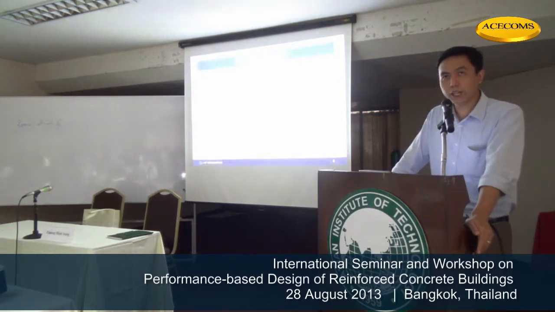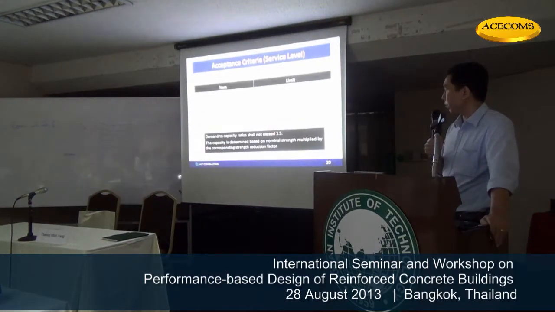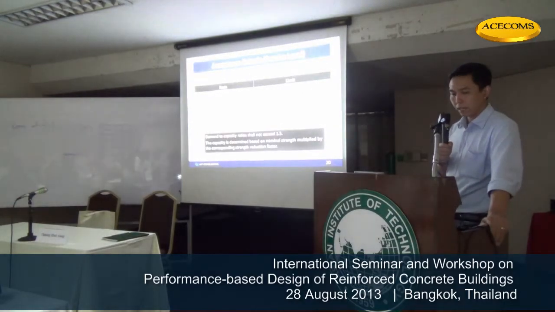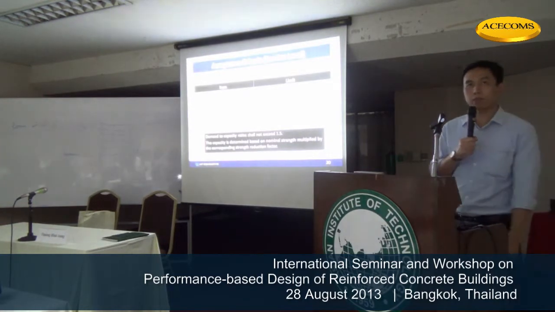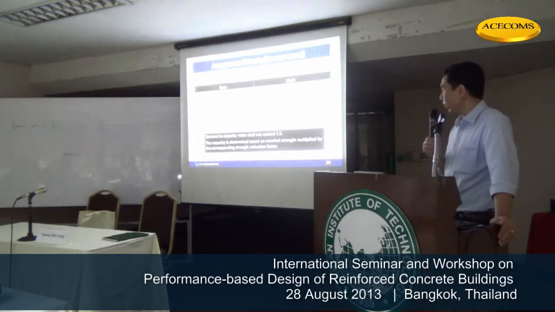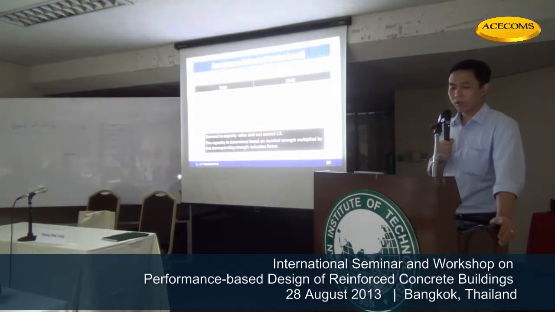And also we should check the weight of the building. Sometimes we might make mistakes in the model, so the base shear is not reasonable. Sometimes we put the weight density of the materials, and the building weight might be overestimated.